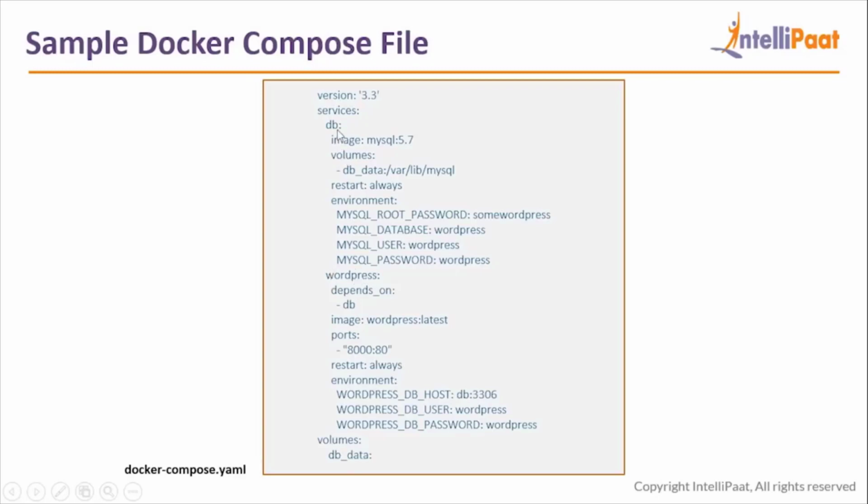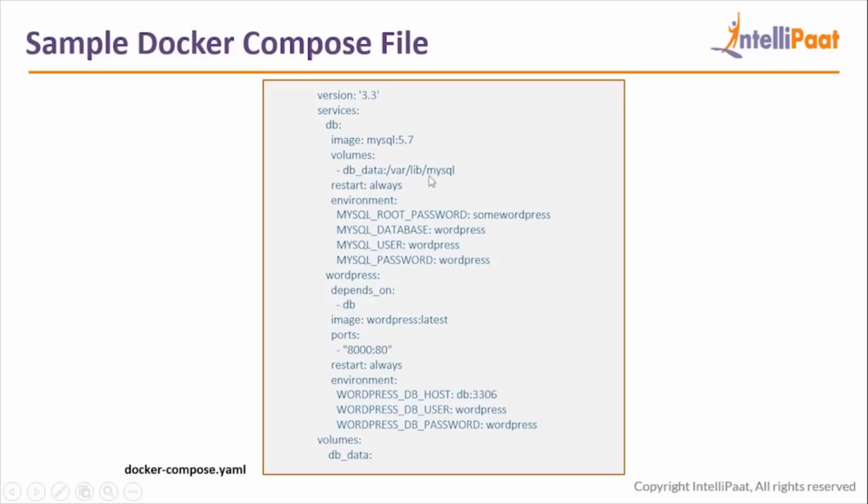Okay, so first we launch the DB container, and the image that we are trying to pull for the DB container is MySQL 5.7. Okay, in the MySQL 5.7 container, we are defining a volume which is db_data, and this is the target inside the container where it should be mounted, that is /var/lib/mysql.